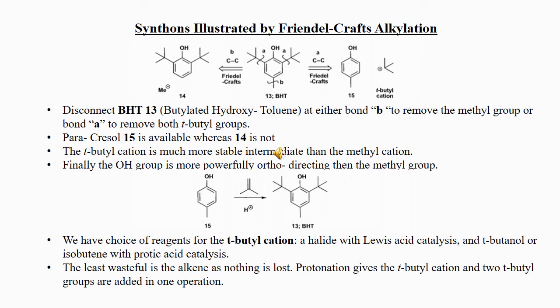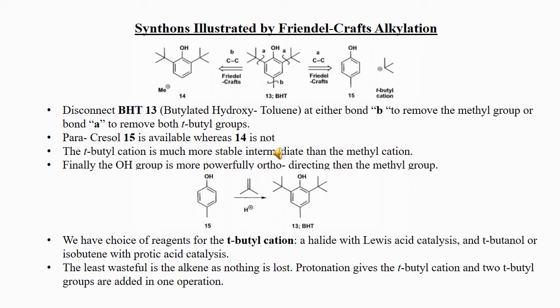By the disconnection of the carbon to carbon bond of the tertiary butyl, we got two synthons, number 15 and the other one is the tertiary butyl cation. Number 15, paracresol, is an available chemical, whereas 14 is not an available chemical.